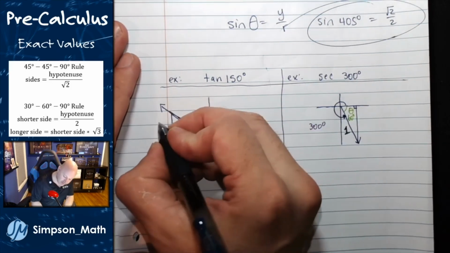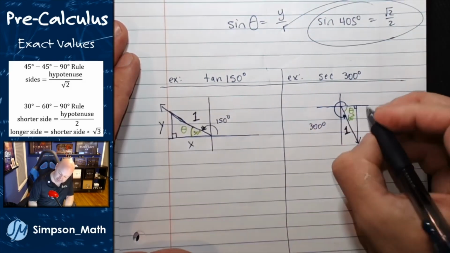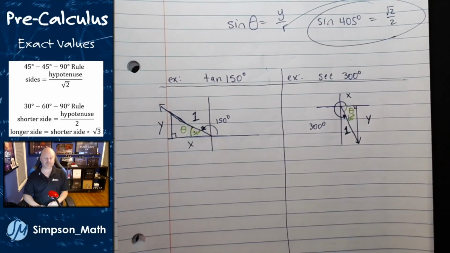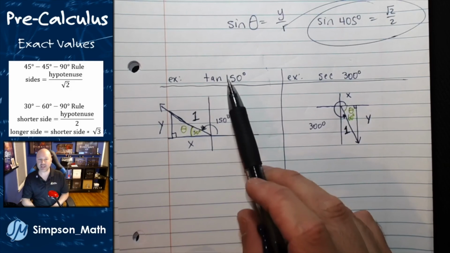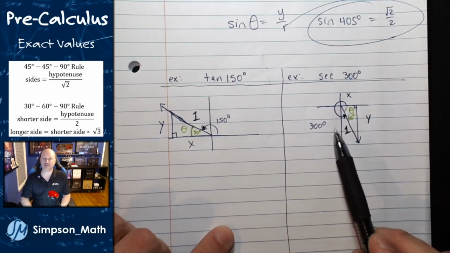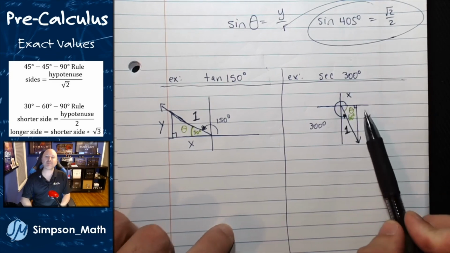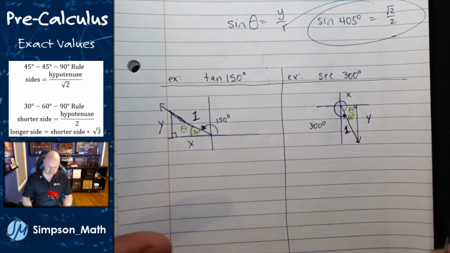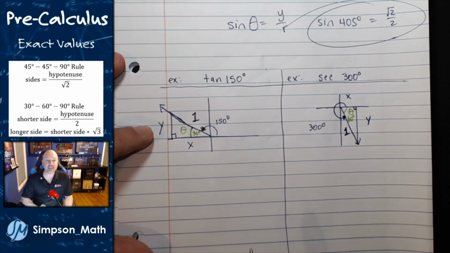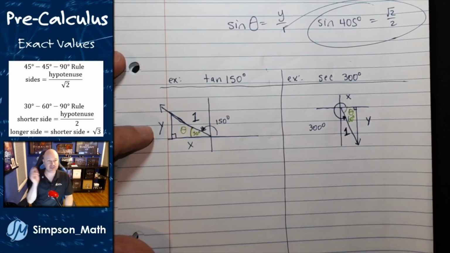All right, I want to find the y and the x, just for fun. Tangent needs both y and x. Secant just needs x and r, so I wouldn't have to find y. But it's probably good practice just to find it out. In a 30, 60, 90 right triangle, I have the rules sitting right there.